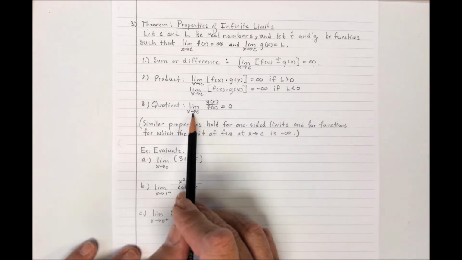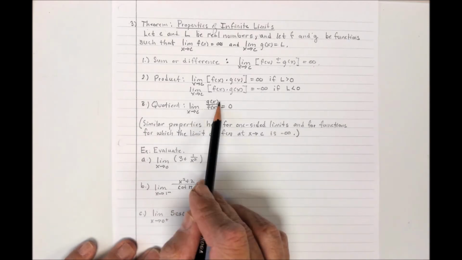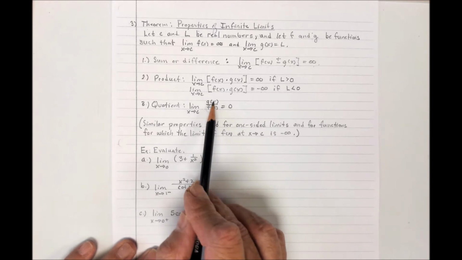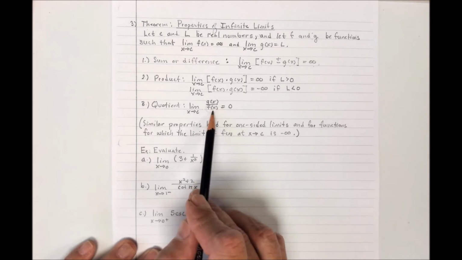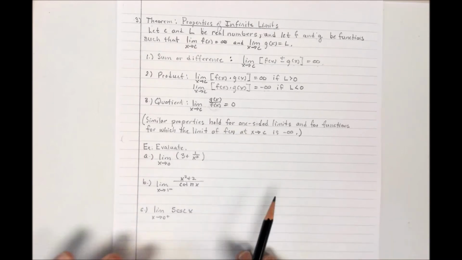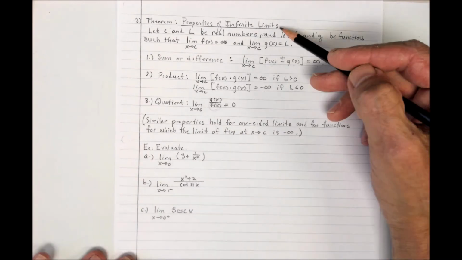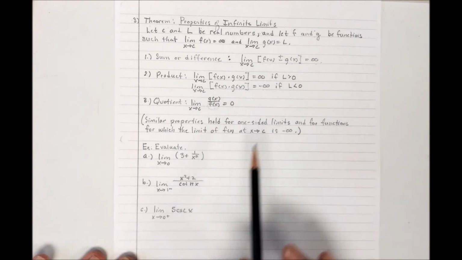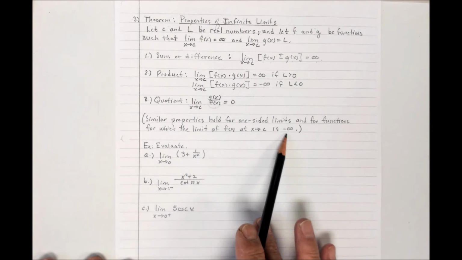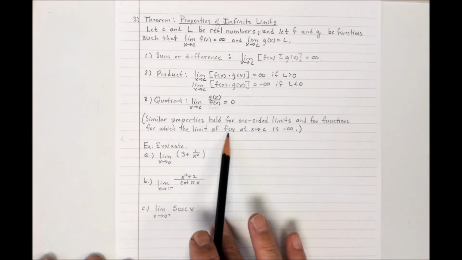And the quotient, the limit as x approaches c of g of x over f of x: if the denominator is going to positive infinity, it doesn't matter how big or small this number is, when you're dividing it by a very, very large number, this is going to go to 0 itself. All these properties that I mentioned are two-sided limits, but they work for one-sided limits as well as for f of x going to negative infinity.